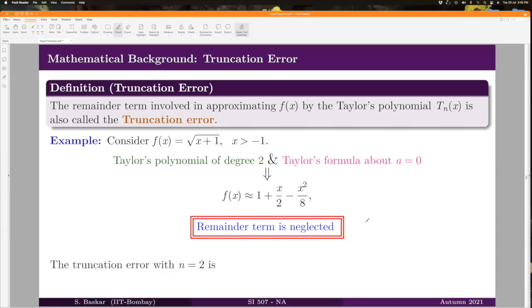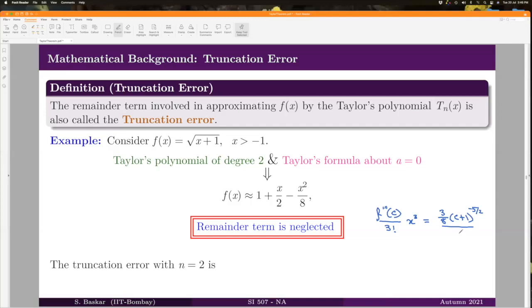What is the truncation error? The truncation error is nothing but f triple dash of c by 3 factorial into x to the power of 3, right? So that can be written as f triple dash of c is 3 by 8 into c plus 1 to the power of minus 5 by 2, right?